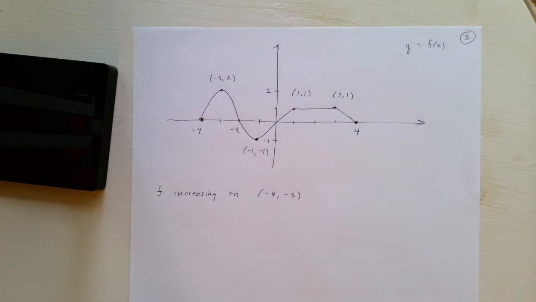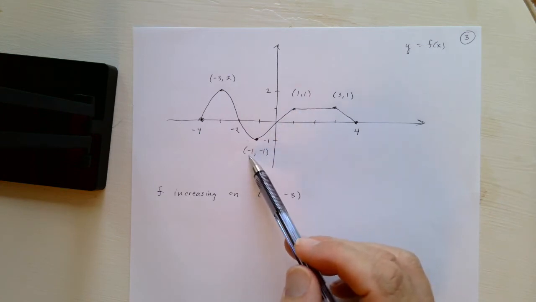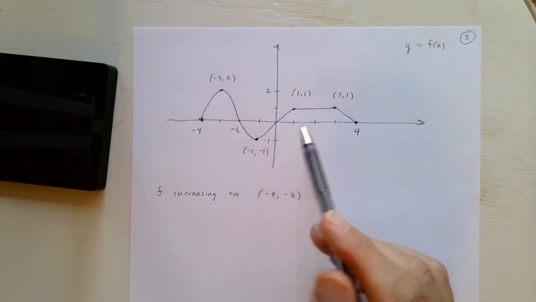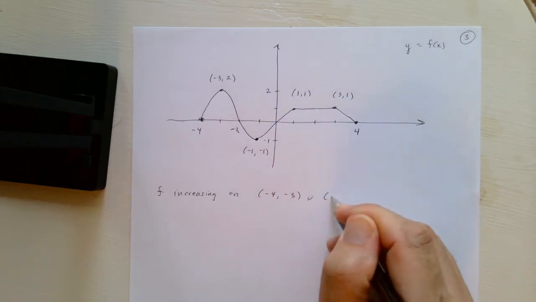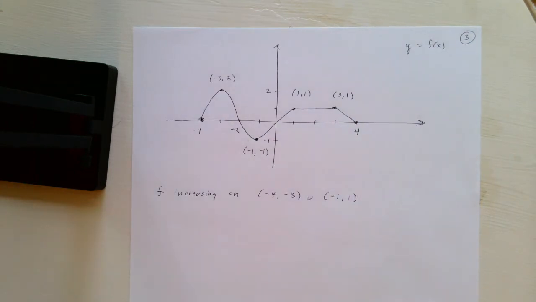Now, where else would it be increasing? Well, it would be increasing from this point to this point. The x-coordinate here is -1. The x-coordinate here is 1. So it's increasing from -1 to 1. And that would be it.